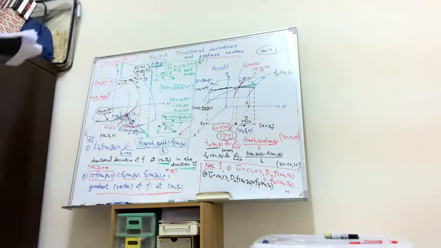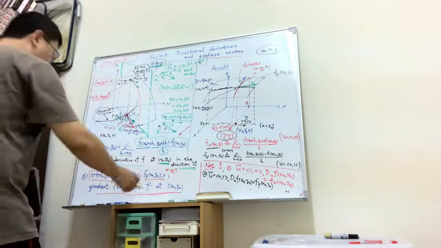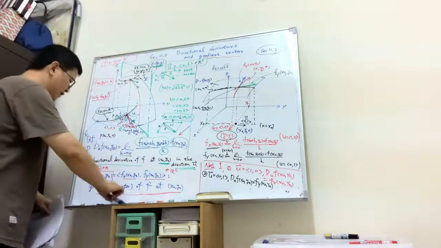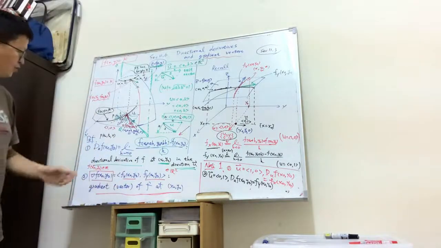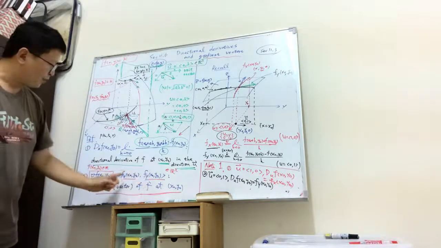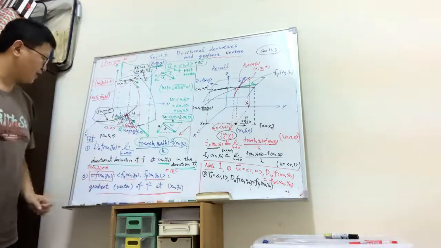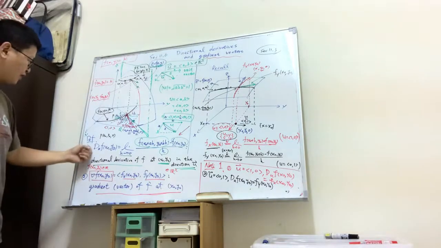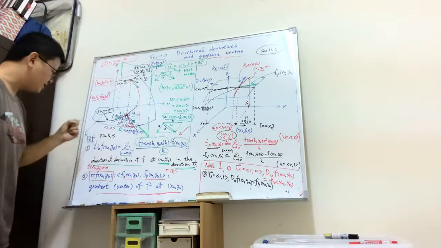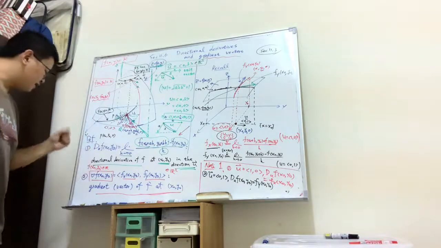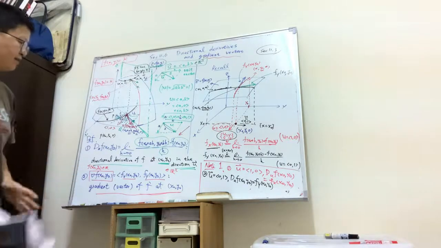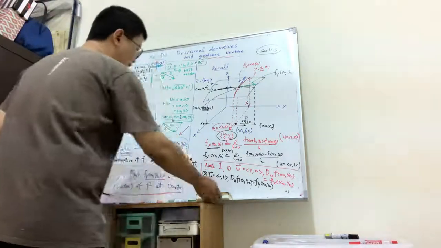Okay, now I tell you the main result for the directional derivative. It's related to the gradient. The gradient is related to the partial derivative, right? For the directional derivative, we will actually calculate it by the gradient. So both of them are important.